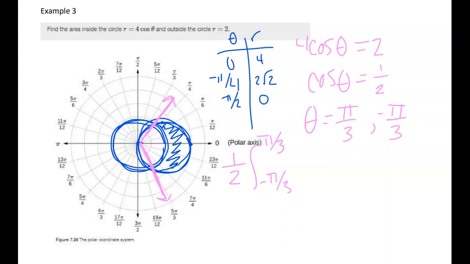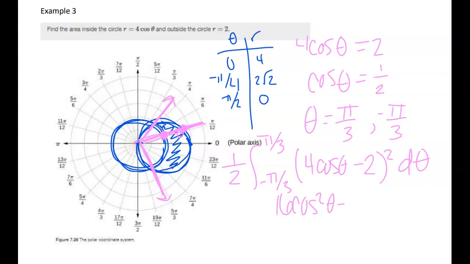And then you have to think about what this is. What is my radius along here? This length is this value minus this value. So inside here, I have to do 4 cosine theta minus 2, squared. If I expand that out, I end up getting 16 cosine squared theta minus 16 cosine theta plus 4.